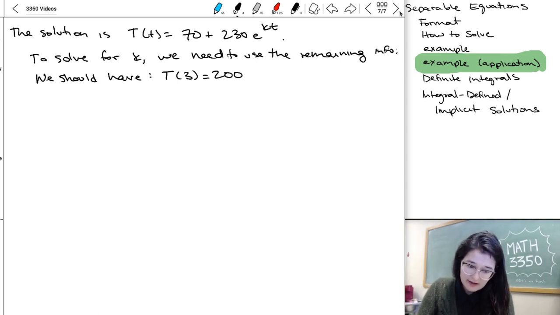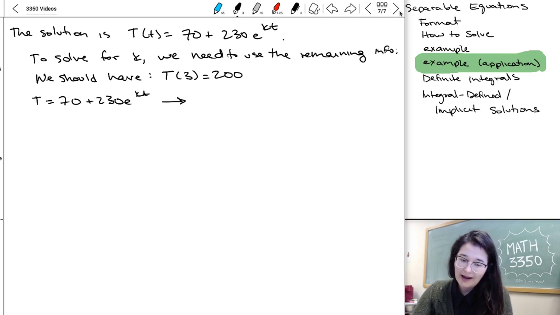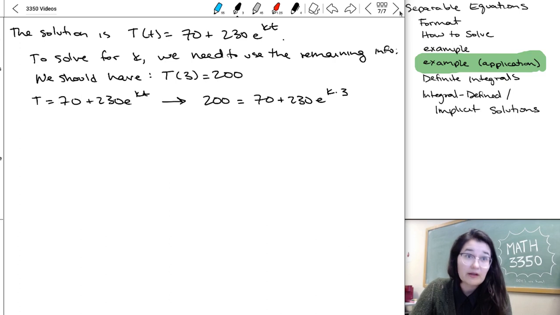So this is going to give us that T should be 70 plus 230 e to the kt. So when we think about little t equals 3, we're going to have 200 should be equal to 70 plus 230 e to k times 3.